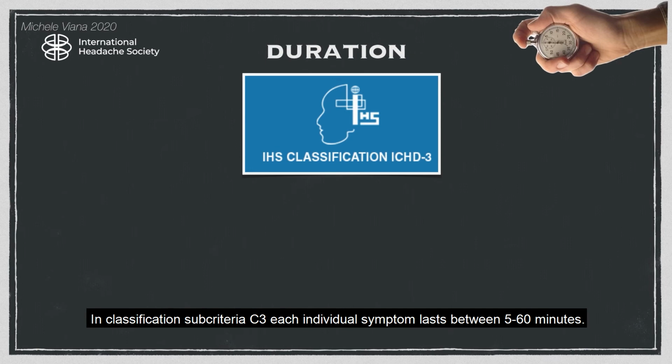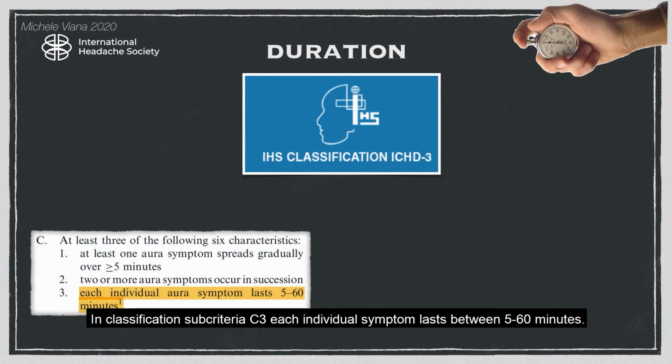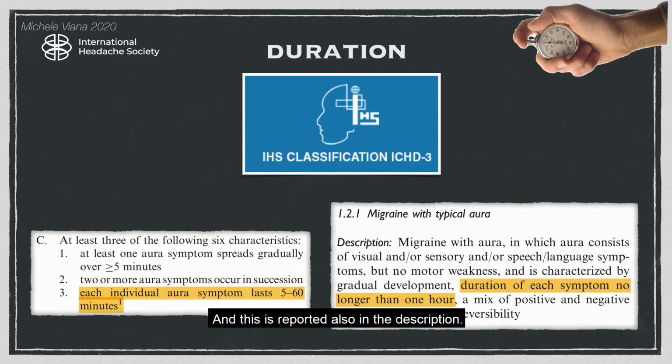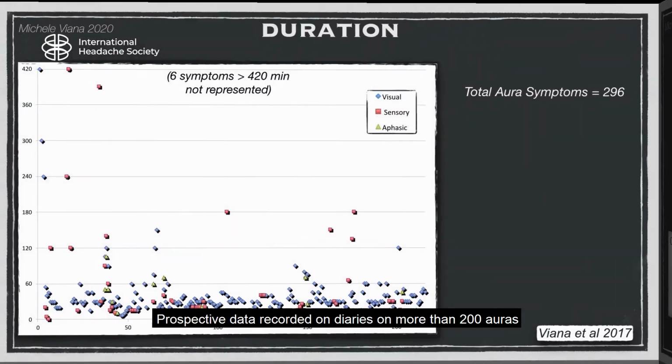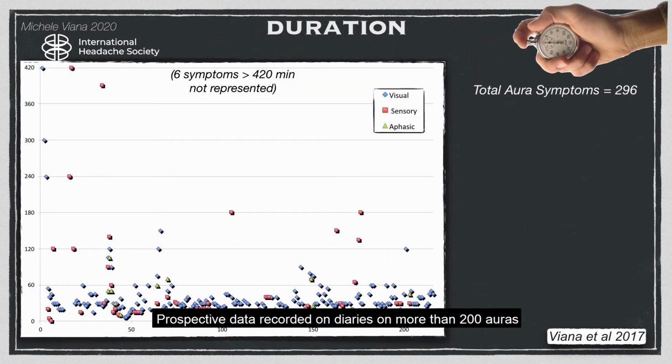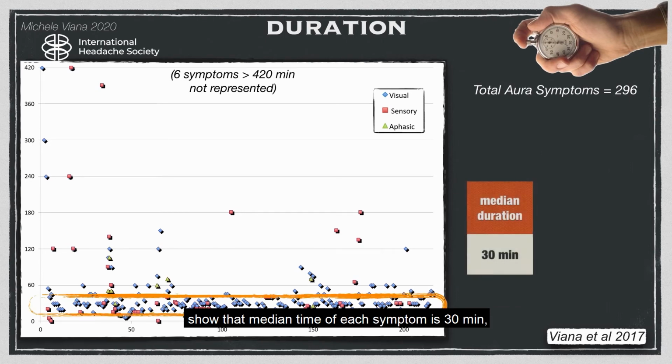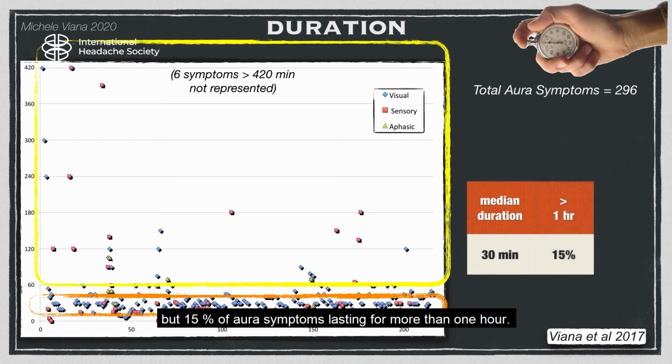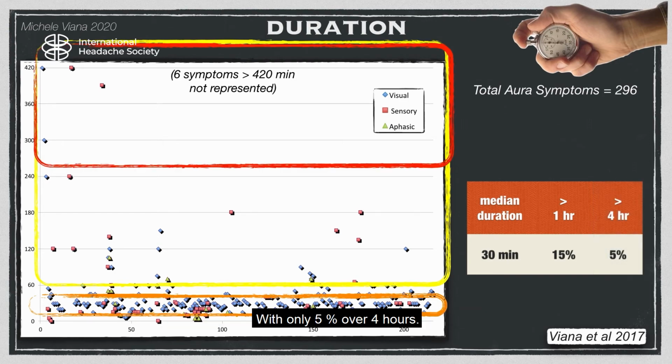In the classification, criterion C3 reports that each individual symptom lasts between 5 to 60 minutes, and this is reported also in the description. Prospective data recorded on diaries on more than 200 auras show that median time of each symptom is 30 minutes, but 15% of aura symptoms last for more than 1 hour, with only 5% exceeding 4 hours.